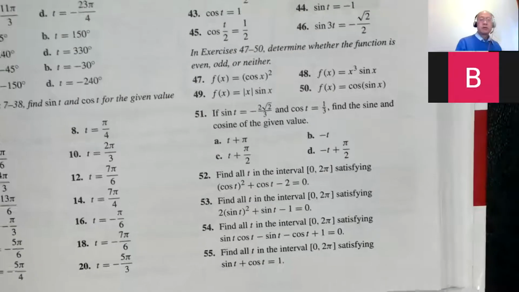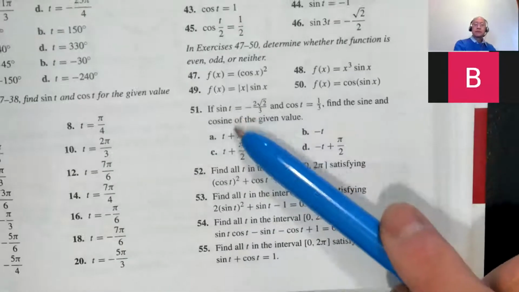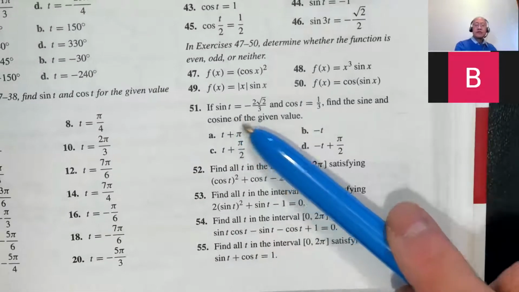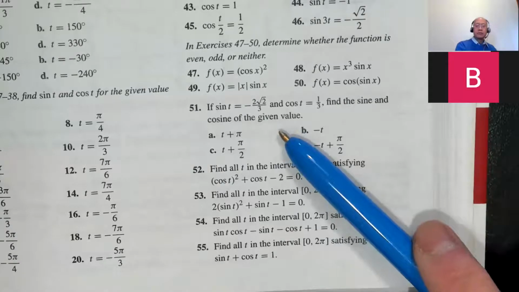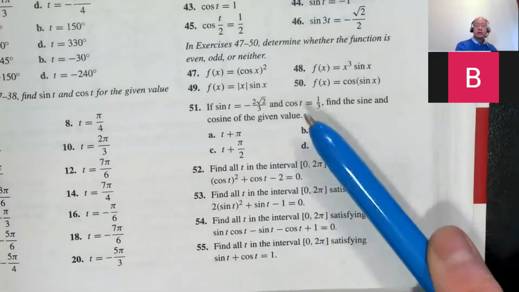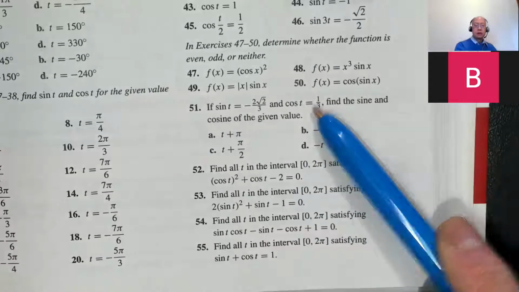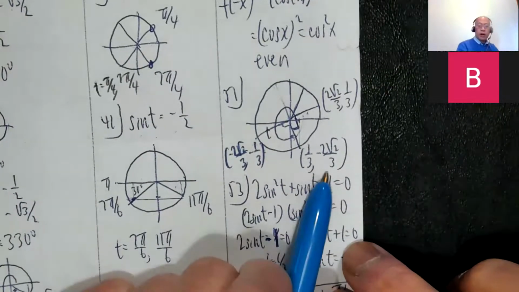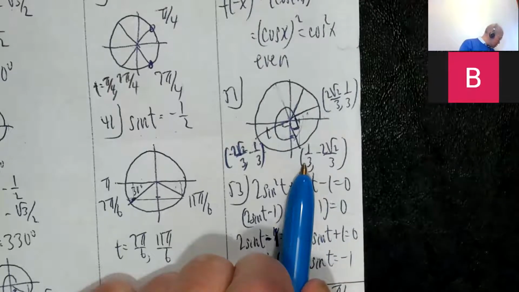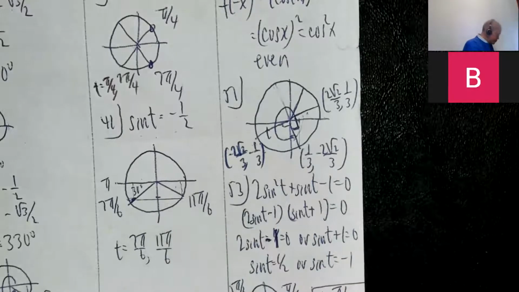51 is a little bit different. I'll give you the gist of it. They give you sine of t is blah, blah, blah, cosine of t is this. Find the sine and cosine of a given value. Okay, y coordinate, x coordinate. Given.